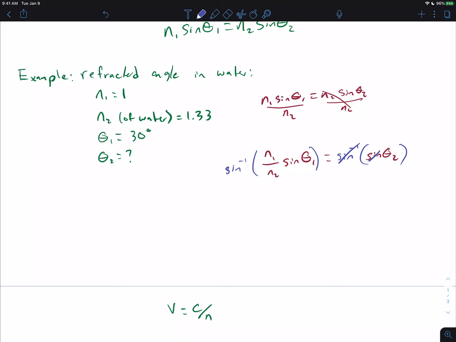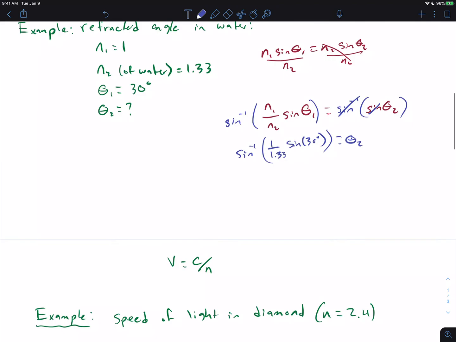So we can do that right now. Let's go ahead and plug everything in. We've got 1 over 1.33 times sine of 30 degrees, and we're going to take the sine inverse of this in order to find theta 2. Okay, my sine of 30 degrees should be 0.5.